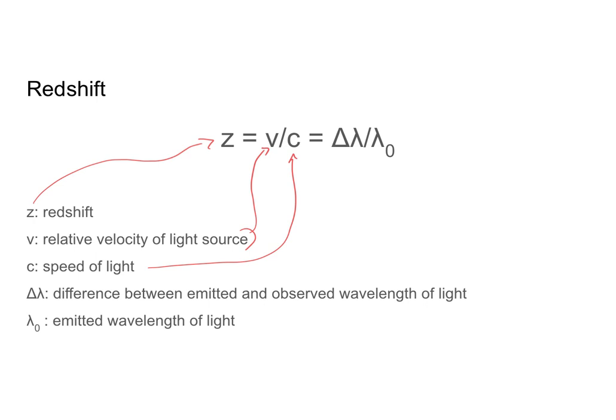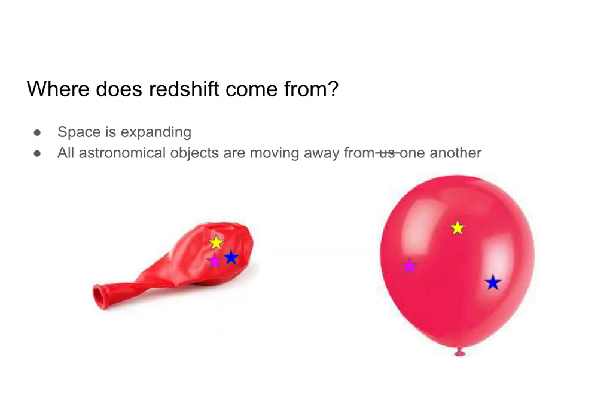That redshift is also equal to the difference between the observed and emitted wavelength of light, divided by the emitted wavelength of light. I know that this is a lot of new information. We will do some example problems with this so you can see how this equation might be used. Before we do that, though, I do want to, as promised, discuss where redshift comes from.